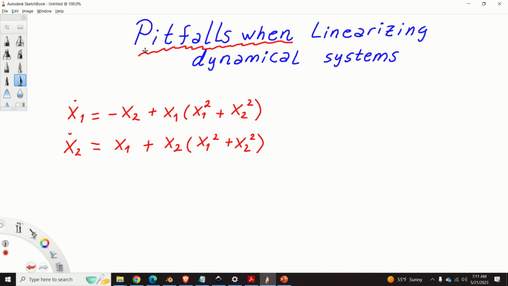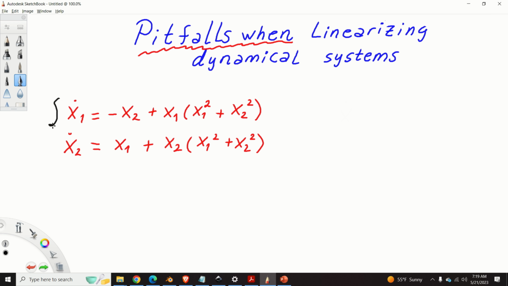The purpose of this video is to warn you of pitfalls that can happen when incorrectly applying the theorem that enables us to analyze the stability of a nonlinear system through its linearized version and to teach you how to properly apply this theorem. First, I will briefly summarize the main ideas that will be presented in this video tutorial.